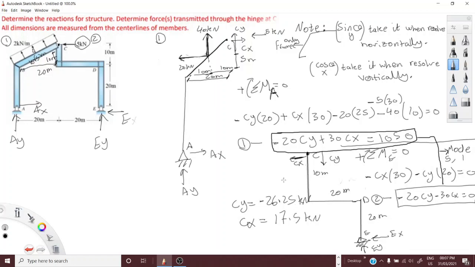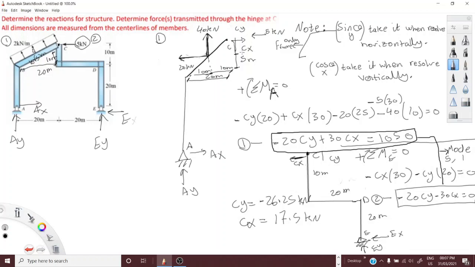So for Cy, I need to change its sign convention. By changing its sign convention, it should be upward; this one should be downward. So Cy should be downward, and this one should be upward.